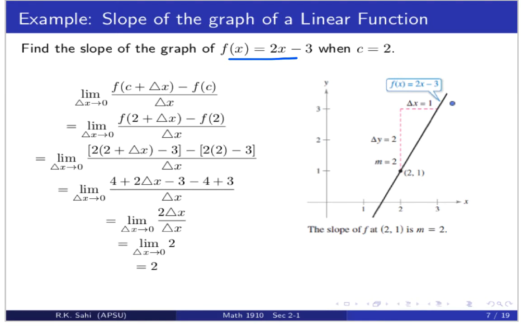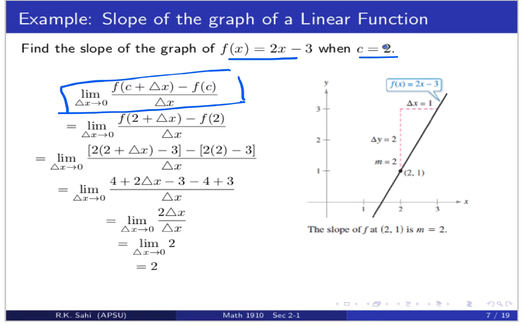Any point we pick on this straight line, the slope is always going to be 2. We know that. Now we're going to prove it with the help of the definition we just learned. If you want to find the slope of the graph of any function at a point c, where c here is 2, this is the formula we have to apply.